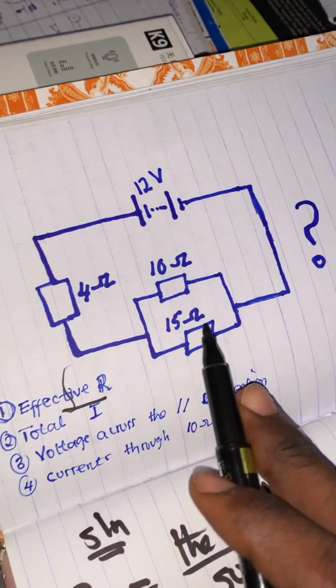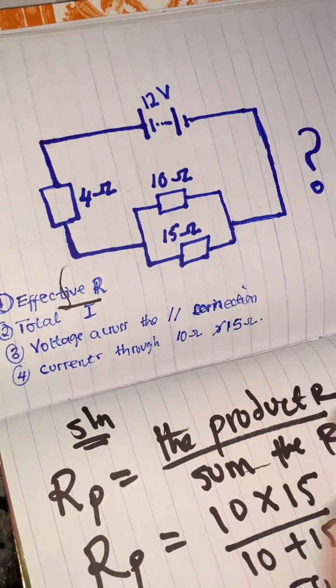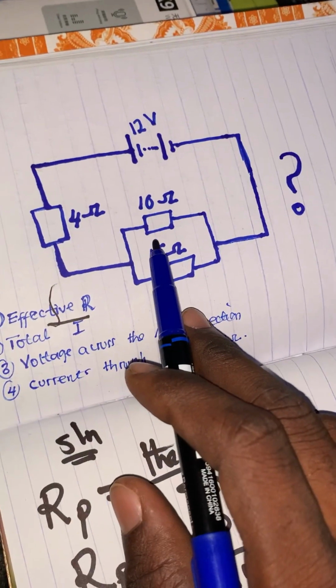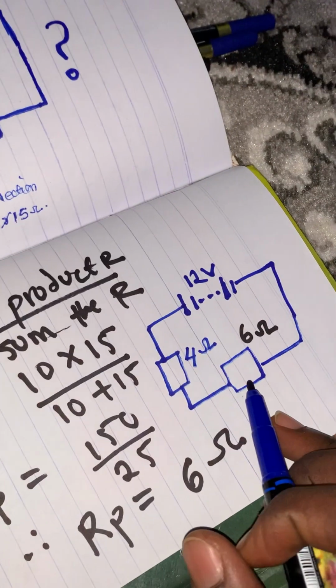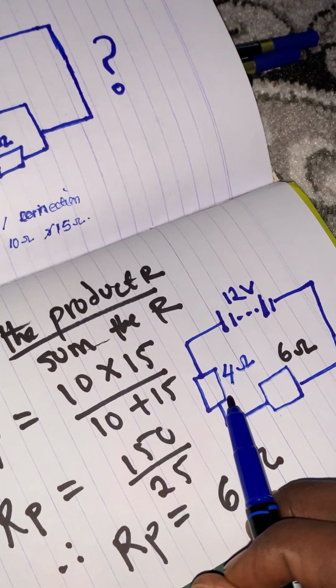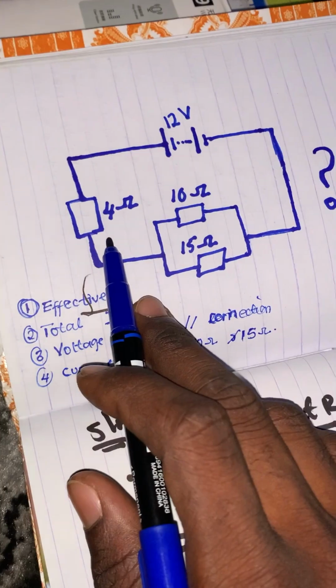So we can now redraw this circuit, which will simply look like this, making these two parallel resistors into 1 resistor, obtained as 6 ohm, and in series with the 4 ohm resistor given in the circuit.